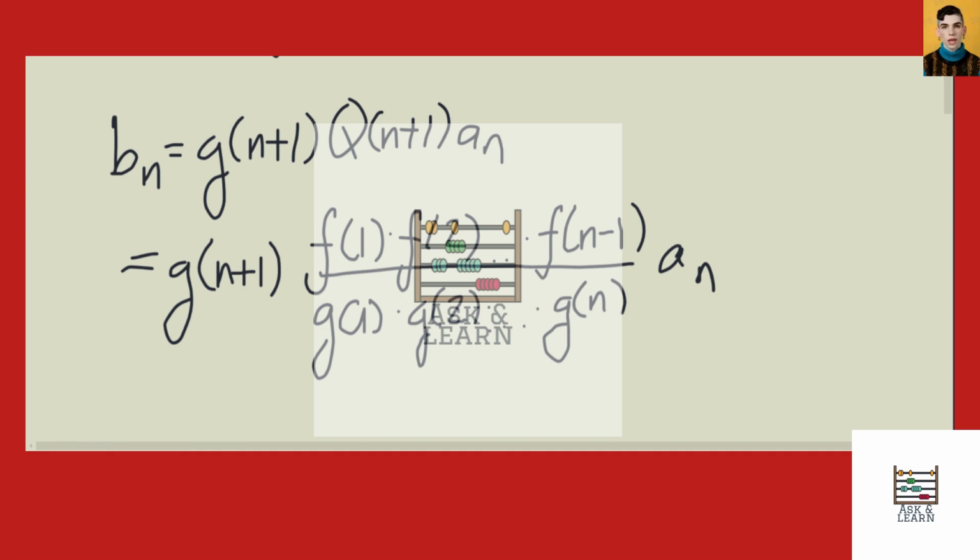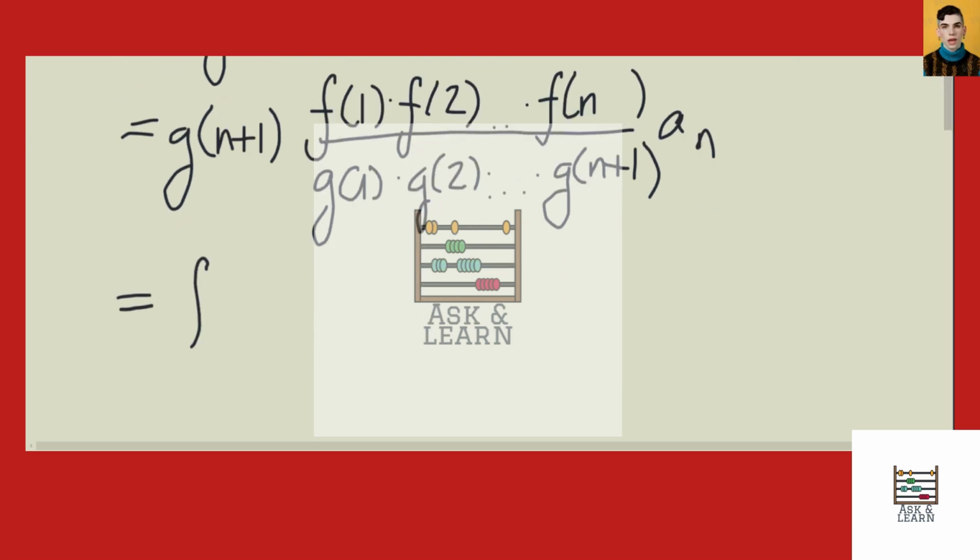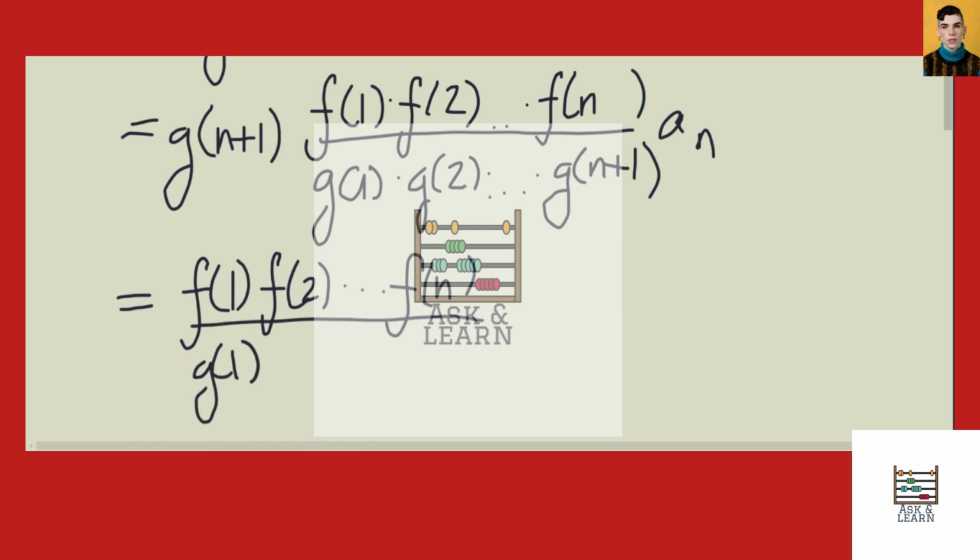But since this is Q of n plus 1, this should actually be from f of 1 up to f of n, and from G of 1 up to G of n plus 1. And so the G of n plus 1s will cancel out, and we get f of 1 times f of 2 up to f of n over G of 1 times G of 2 up to G of n times A of n.